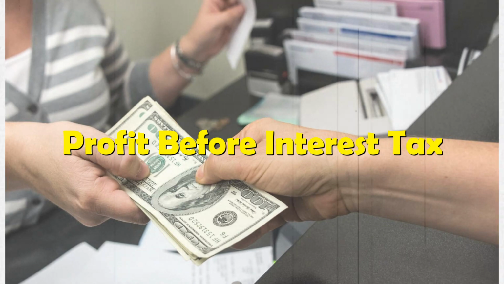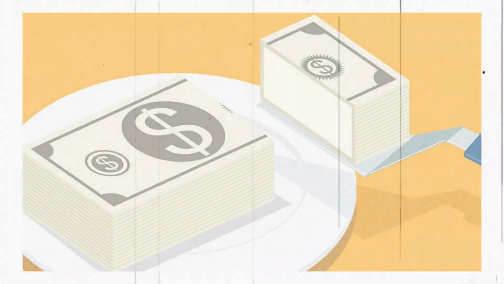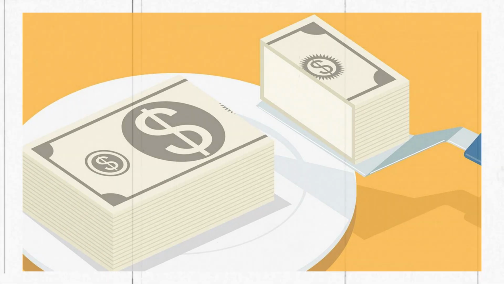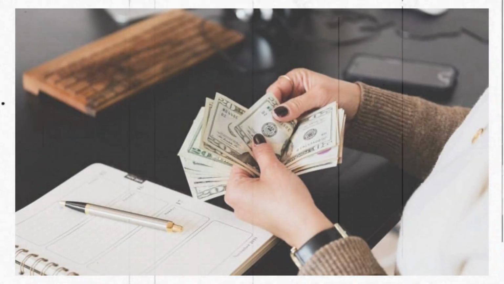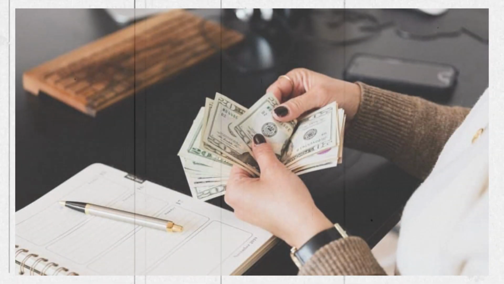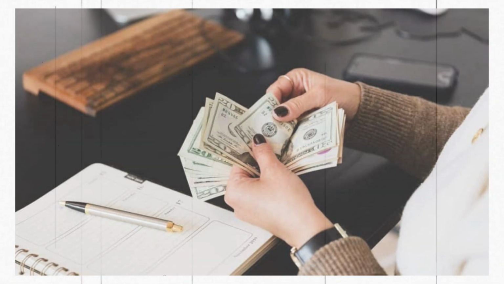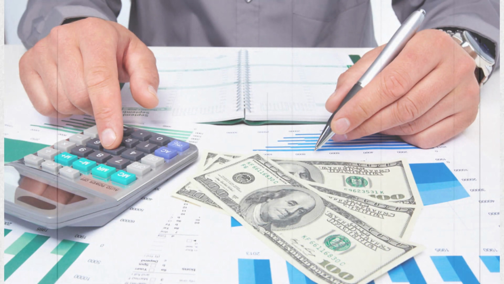If we are not deducting that as an expense from our incomes, the profit which we get will be the profit from which the interest and the tax has to be deducted. So profit before interest and tax is calculated by deducting all the expenses but excluding the finance cost.